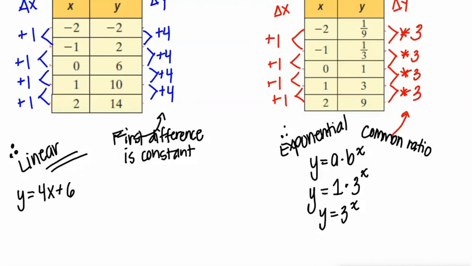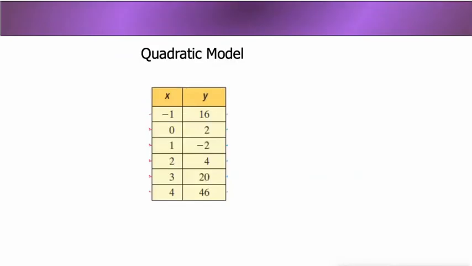Now, what happens with the quadratic model? So you'll know it's a quadratic model when our change in x is plus 1, plus 1, plus 1, plus 1. Our change in y, let's see what's happening there. Divide by 8 or multiply by 1/8? No, not multiplied by 1/8.